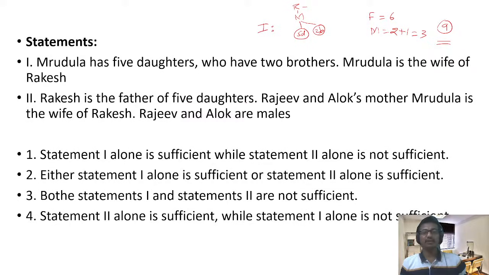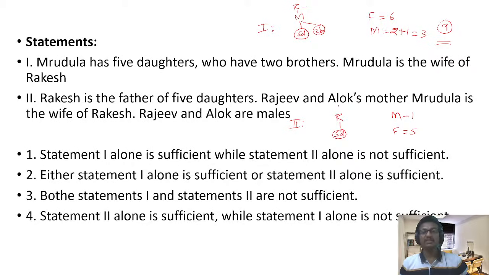Rakesh is father of 5 daughters. So when you look at statement 2, Rakesh is a father of 5 daughters. So here Rakesh is male 1 and females 5 daughters, 5 count you will get. Rajiv and Alok's mother Mrudula is the wife of Rakesh.